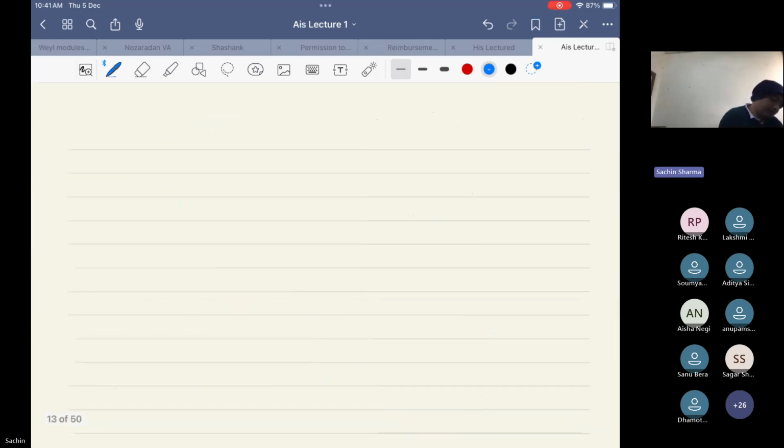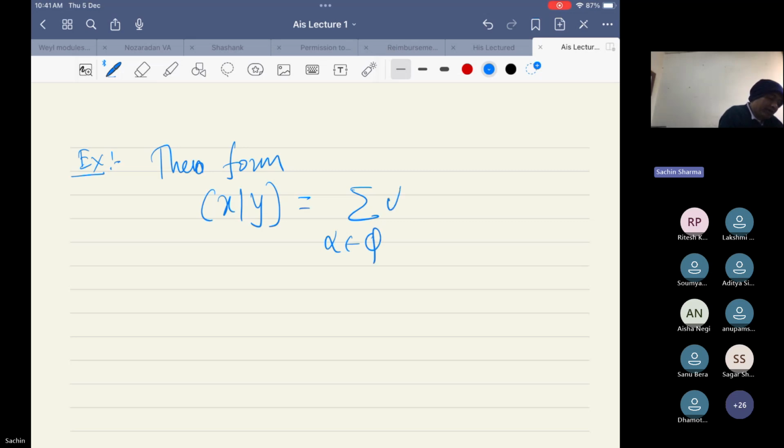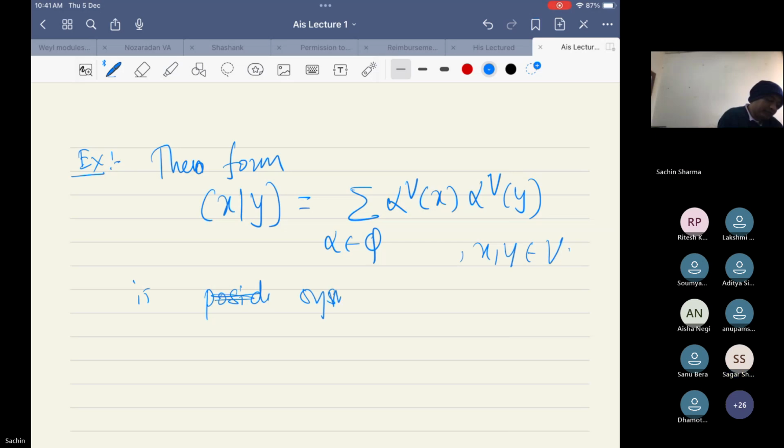And the next exercise is, if I define the form (x, y) as the summation over alpha belonging to phi of alpha check of x times alpha check of y, where x and y belong to V, then it is symmetric and W phi invariant.